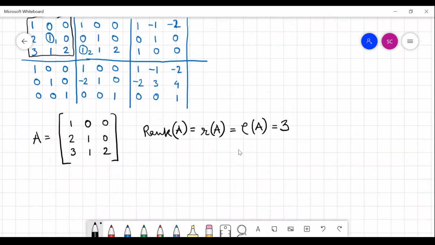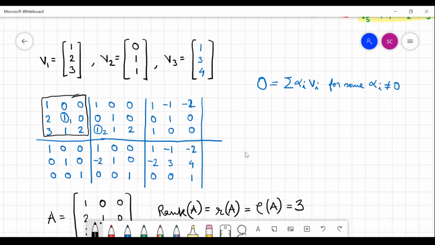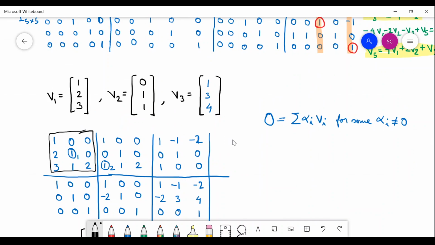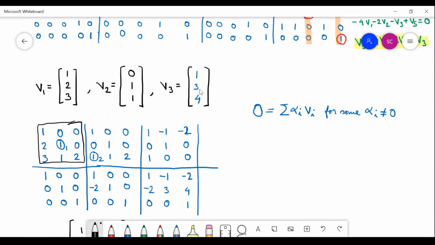That is the story of rank. So if you have a matrix like this, now this vector is actually dependent, no? So if you have a new matrix A like this, 1 2 3, 0 1 1, 1 3 4, then the rank would be 2, because one of these vectors is dependent on the other 2 vectors.